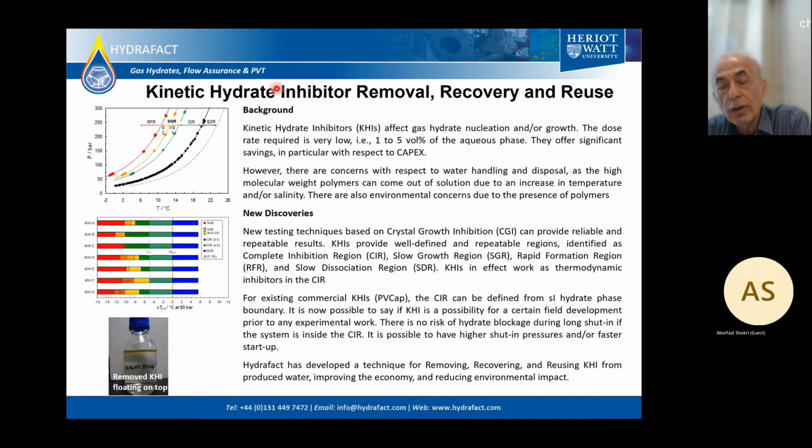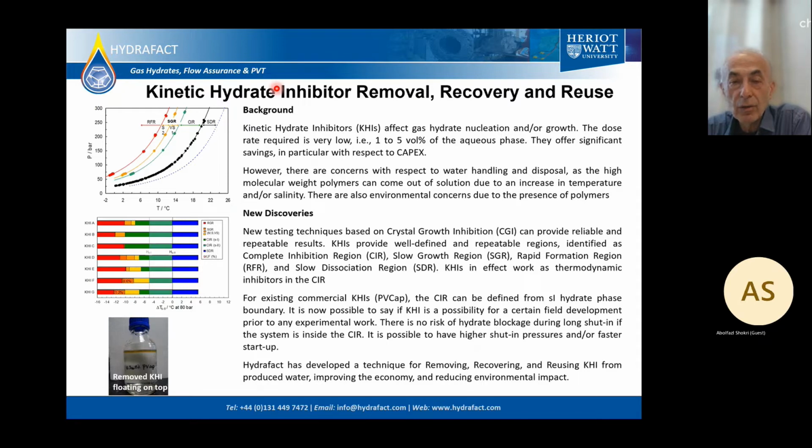And also the other important point, as we need a lot of thermodynamic inhibitor, we need to think about logistics and also storage. So a lot of offshore facilities have to have a piggyback to deliver thermodynamic inhibitor because the amount is too much.